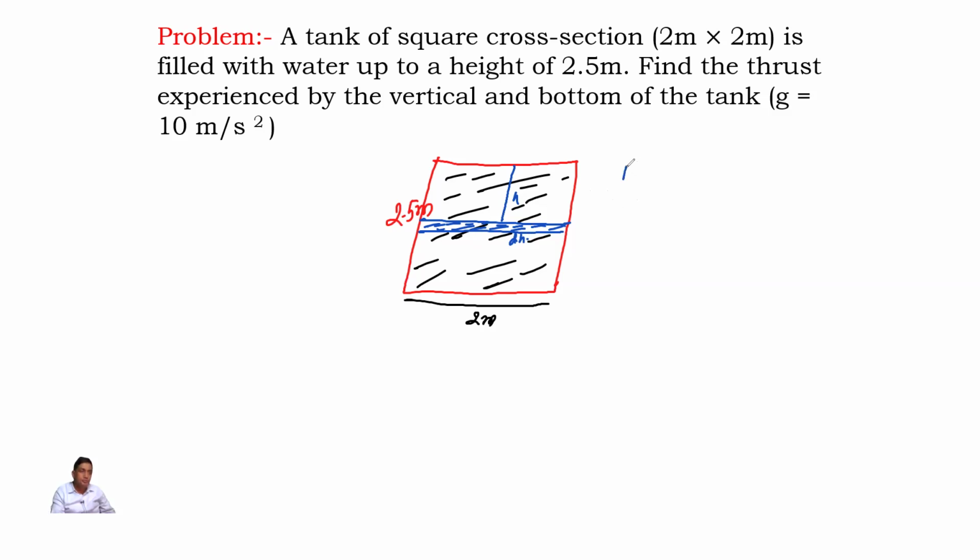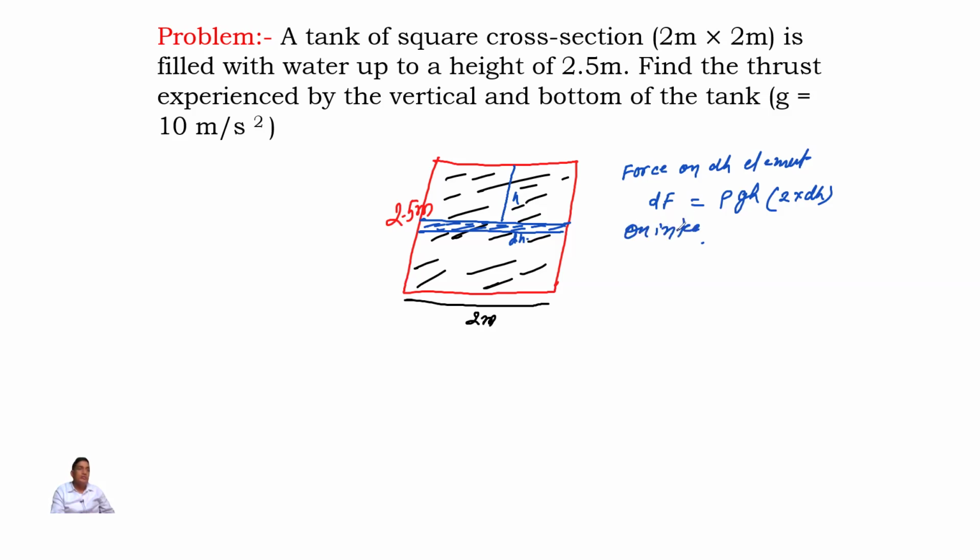So the force on dh element will be rho gh into 2 meter into dh. Why is it? Because area of this element is 2 into dh and pressure is rho gh. So let's call it dF because there is a dh. So now we can integrate.